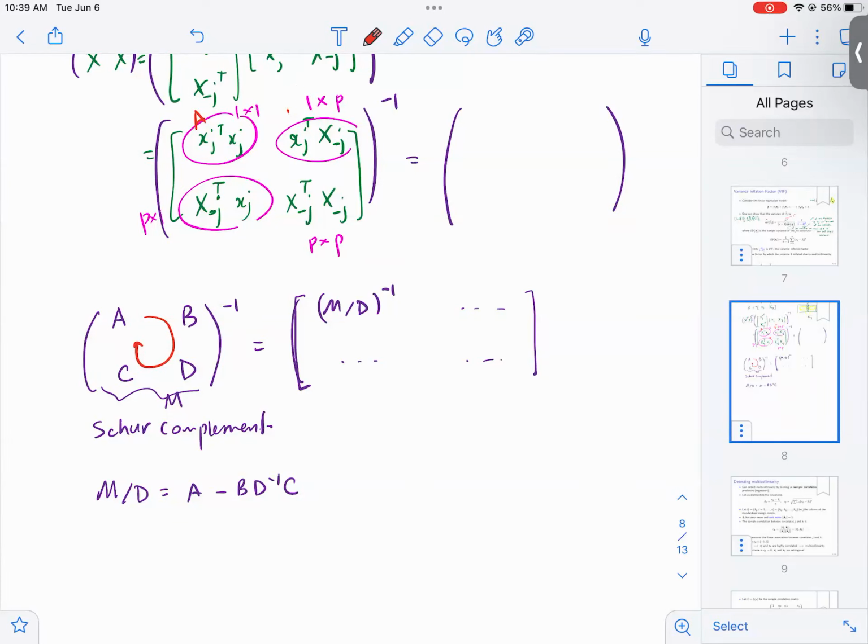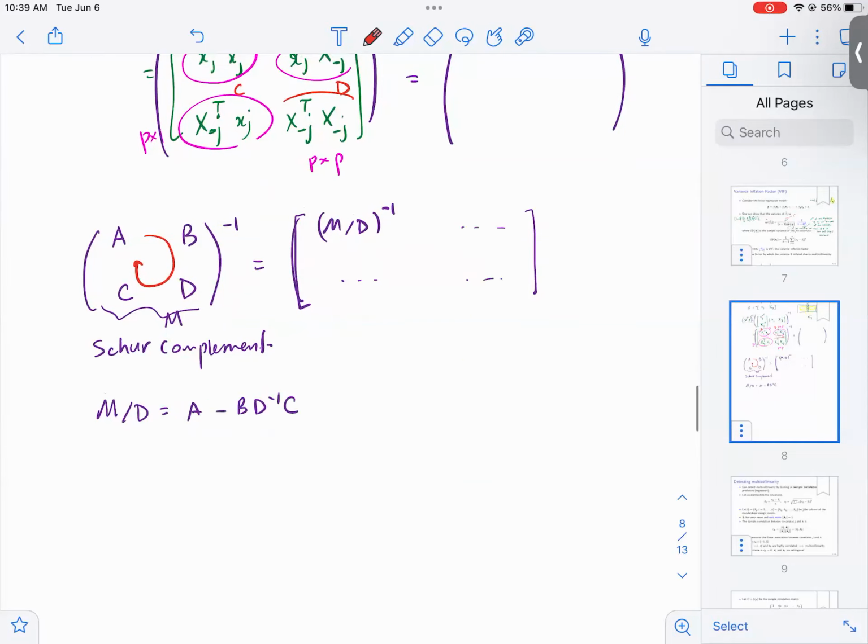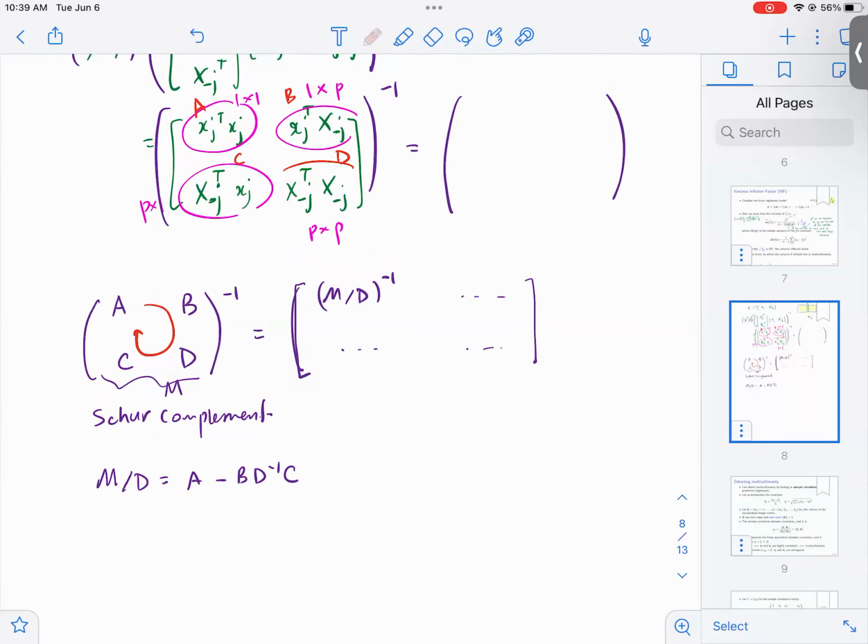I can do B, C, and D. Okay, it's maybe easier. So what we get here is, A would be, in our case, xj transpose xj, minus B, which would be xj transpose x minus j. D inverse would be x minus j transpose x minus j inverse. And then you get C, which is x minus j transpose xj. Okay, so that will be this.